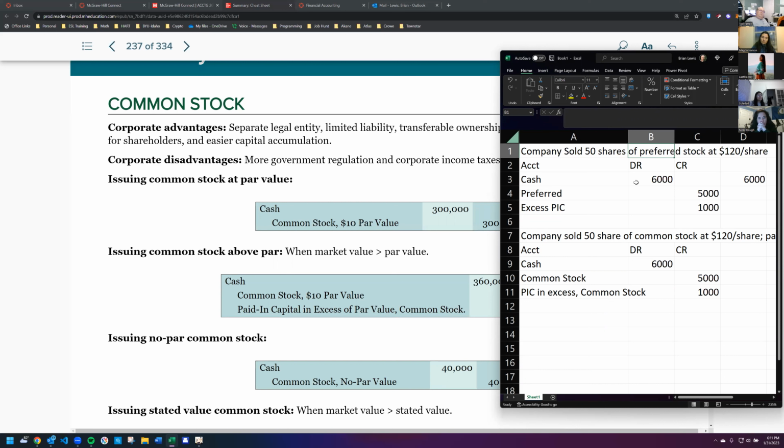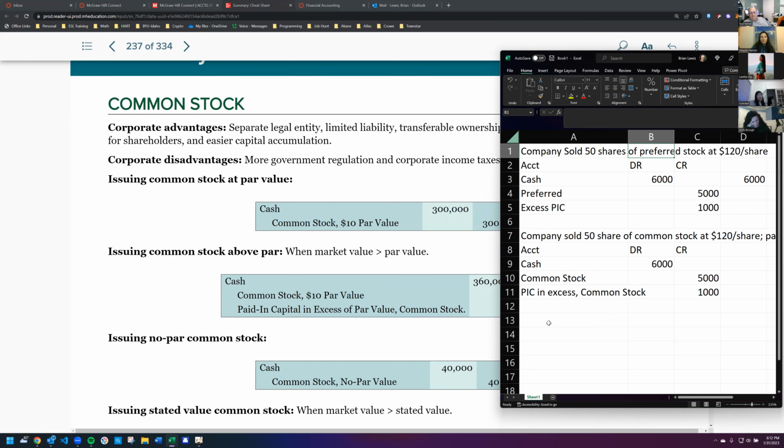So, Brian, preferred stock always takes priority over common stock? Yeah. Let's say you declare dividends in a given year, but you haven't paid them out.